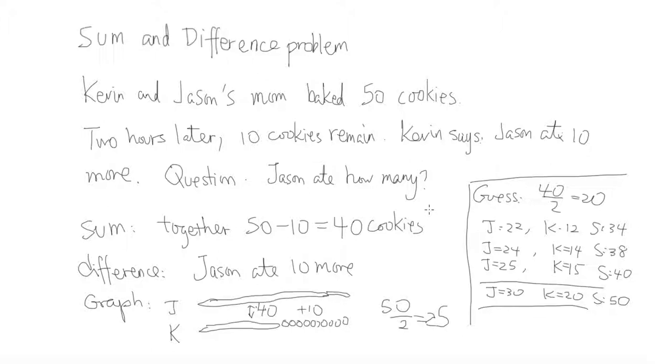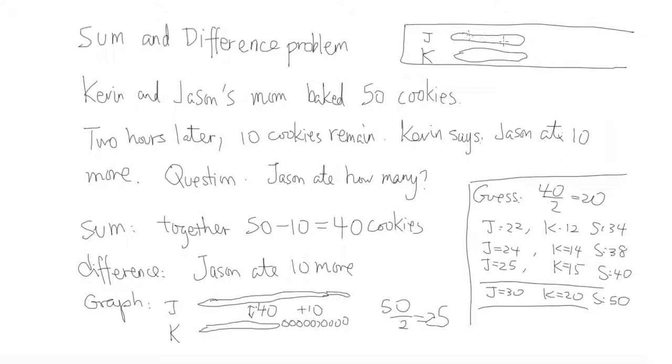You draw a graph like this. And this graph doesn't have to be drawn this way. On this final portion of the board, I'm going to show you another way to draw the graph. You draw Jason's line, draw Kevin's line, and instead of filling up the difference, you draw Kevin's line a little shorter, and Jason's line a little longer, in the sense that Jason ate 10 more.